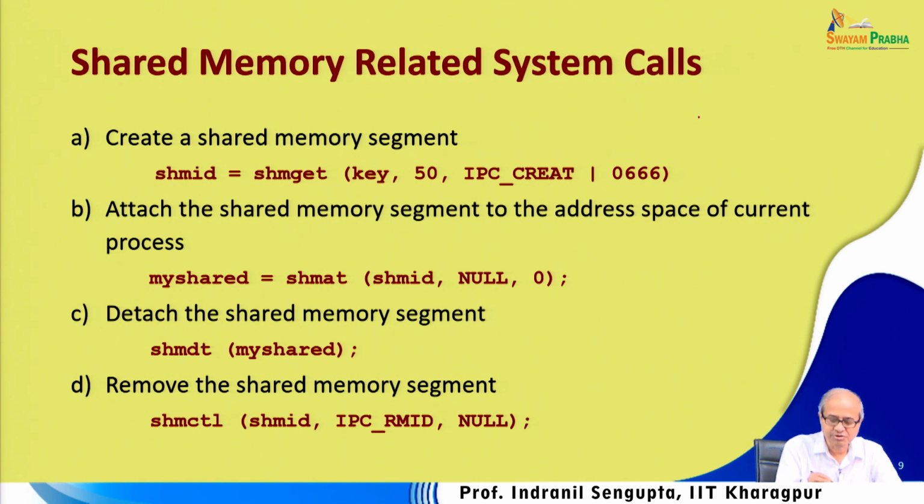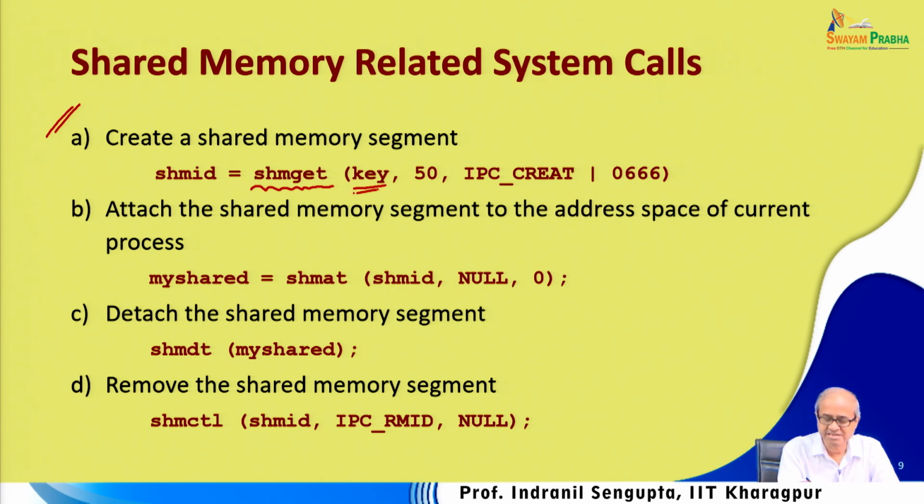The first function call is called SHMGET, shared memory get. What SHMGET is actually doing is creating a new shared memory segment in memory. So, as I said using that diagram, a shared segment is getting created in memory, and there are some parameters in this function call you can see.